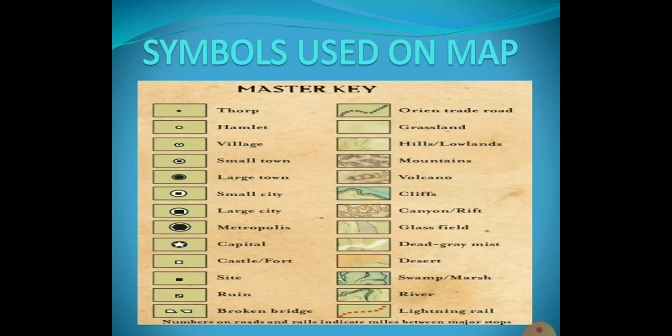For example, the land boundary of a country is shown by thick dashes and dots in black. A city is marked by a small circle. You can see here many symbols.